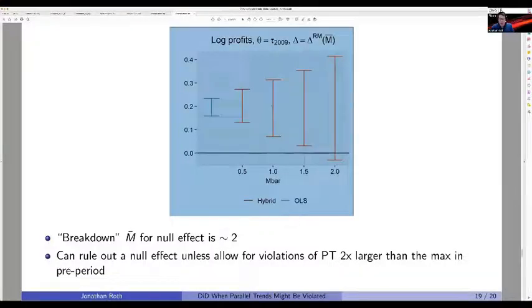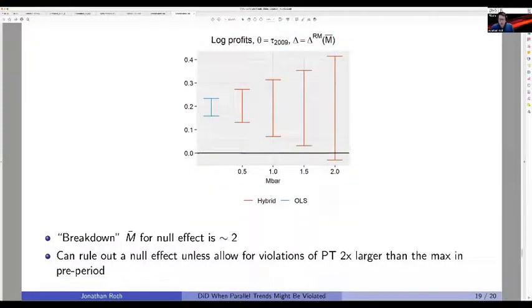So when m bar is 1, which is this second red interval here, I'm saying there can be a violation in parallel trends, but it could be no larger than the true maximum violation in parallel trends in the pre-treatment period.